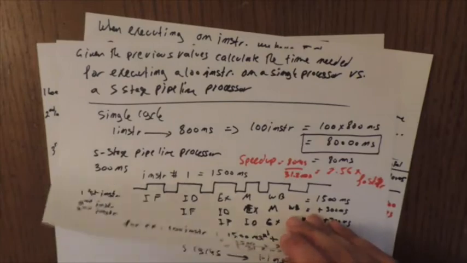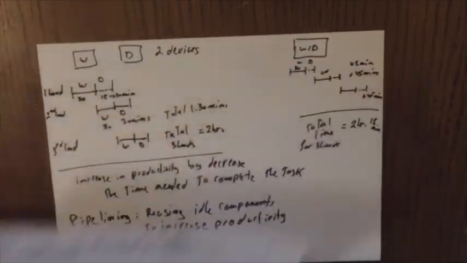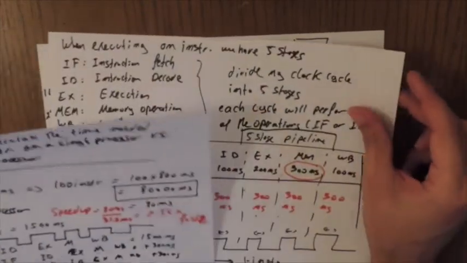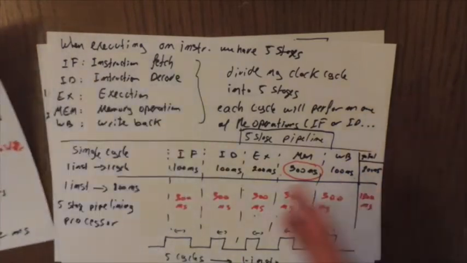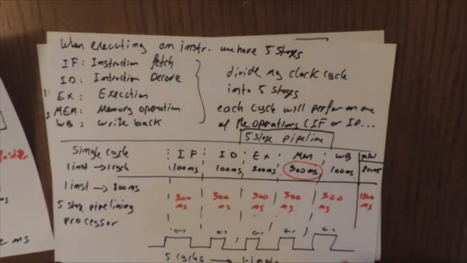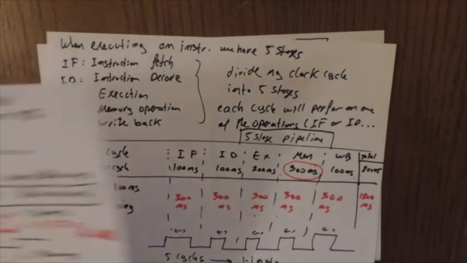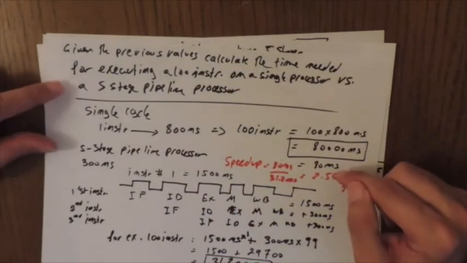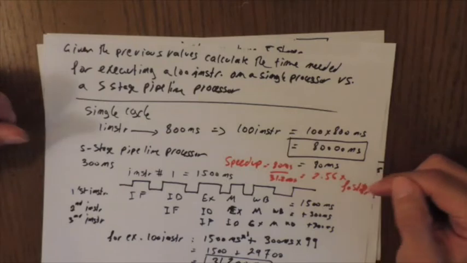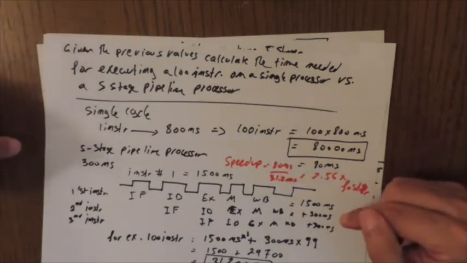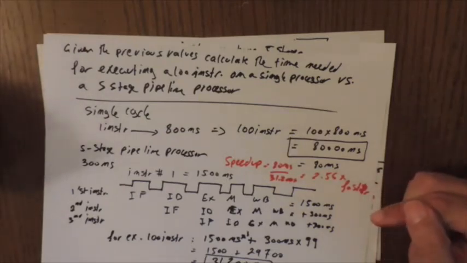It is reusing components that are sitting idle so that we can increase productivity. Of course, this comes at the cost of added hardware. Okay, so we need to pay a price for this speed, which is in the form of added hardware and complications.